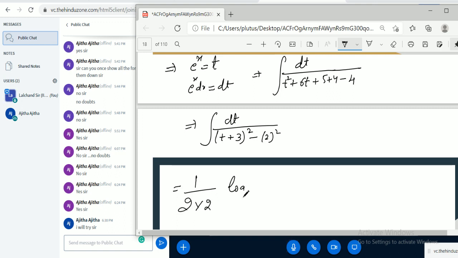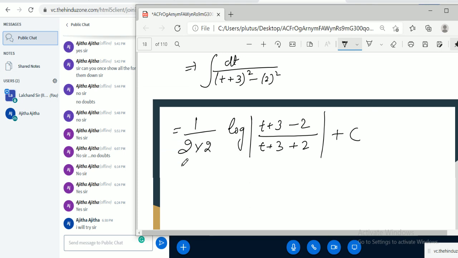And log of t plus 3 minus a, that means 2, divided by t plus 3 plus 2, plus c, by using the formula of integral of dx over x square minus a square, that is 1 by 2a logarithm of mod x minus a over x plus a plus c, using this formula.